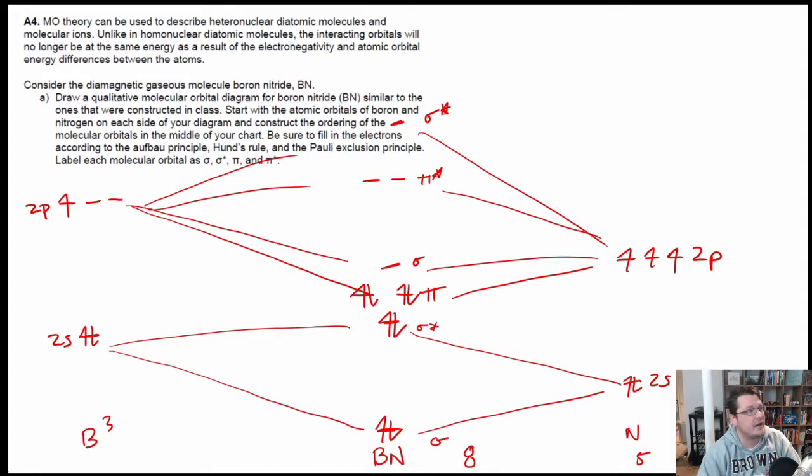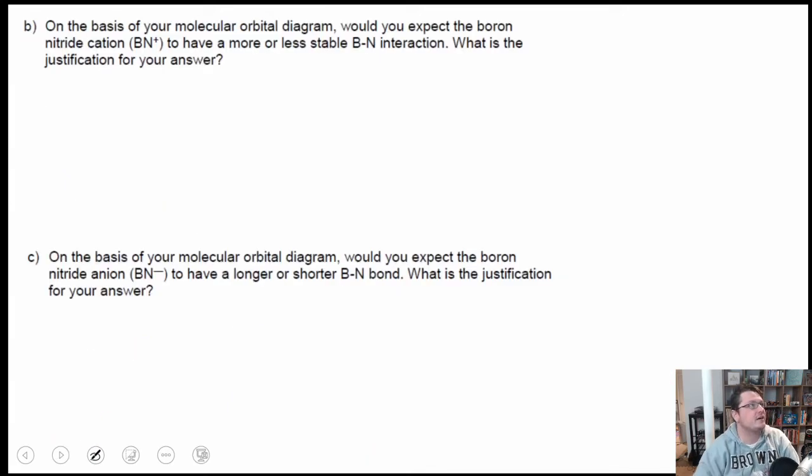Based off this MO diagram, we would expect 4 electrons filling up the 2 pi orbitals, and the sigma bonding orbital being empty for BN.